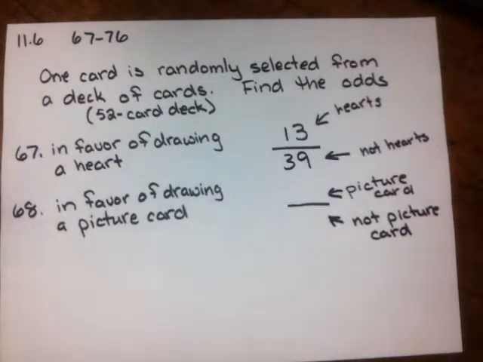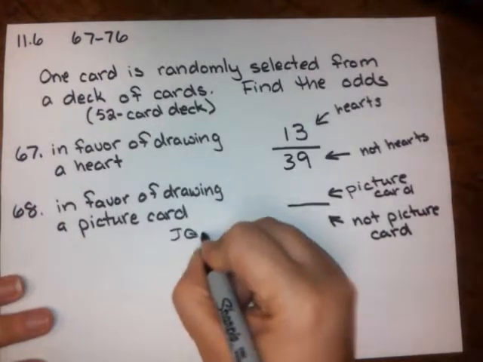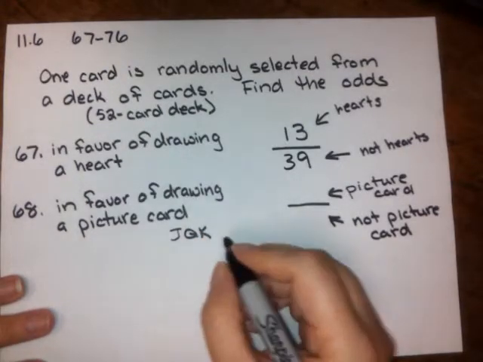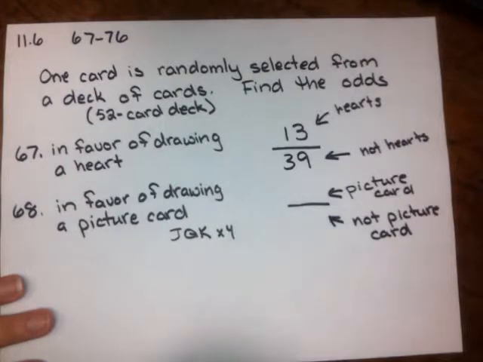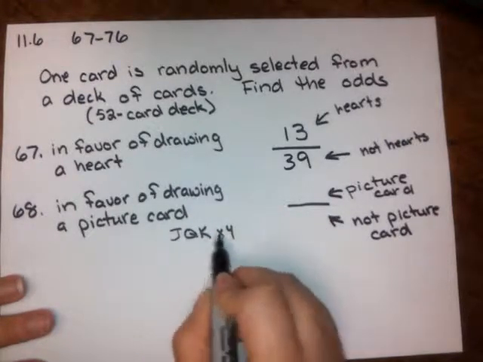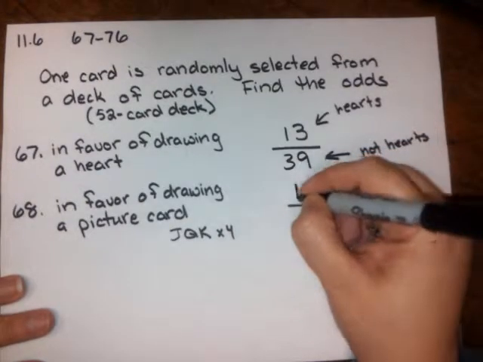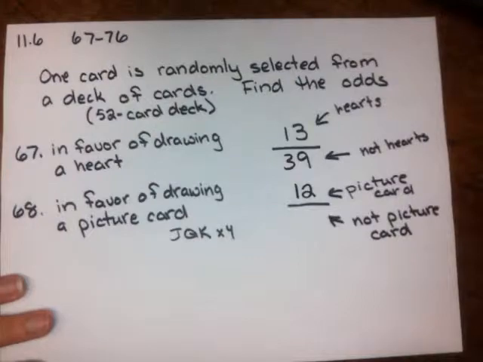Okay, how many picture cards are there? Well, we've got jacks, queens, and kings, and we have 4 each of those, right? We've got hearts, clubs, diamonds, and spades, and we have 3 in each of those suits, so 3 times 4 is going to give us 12 picture cards.